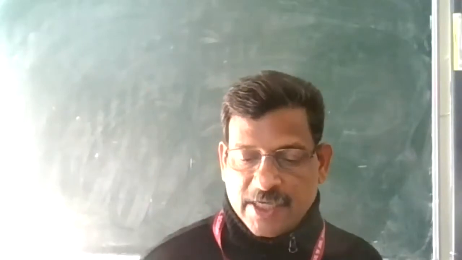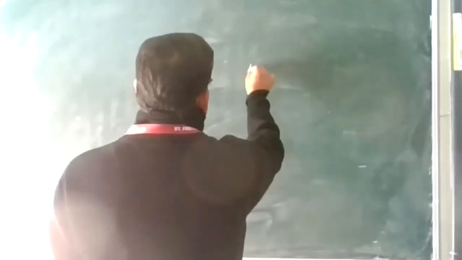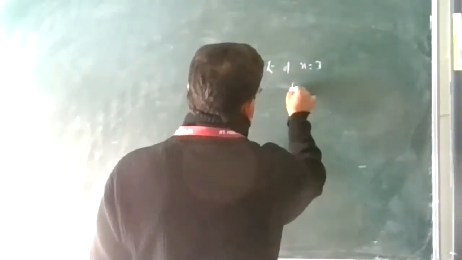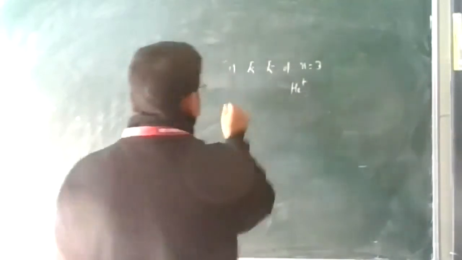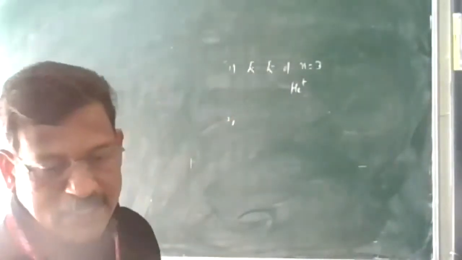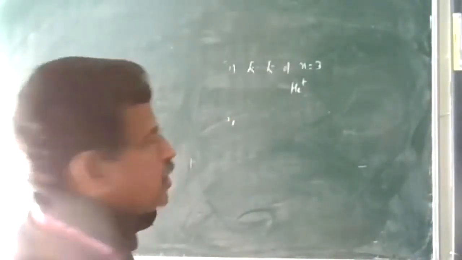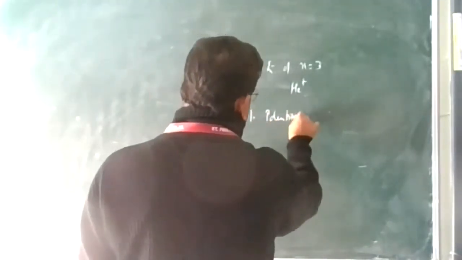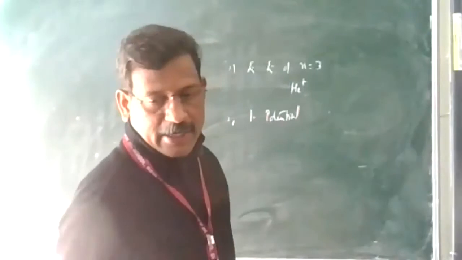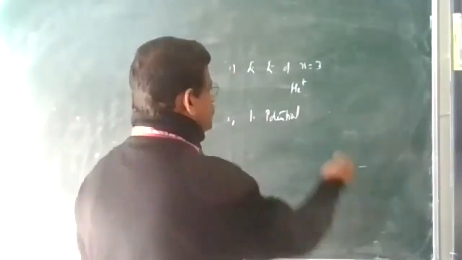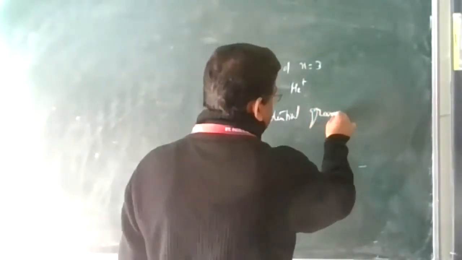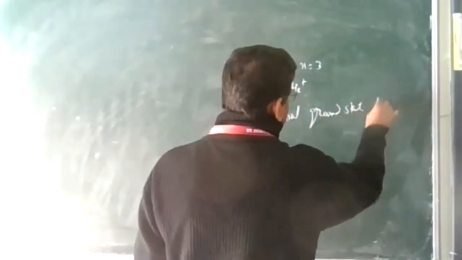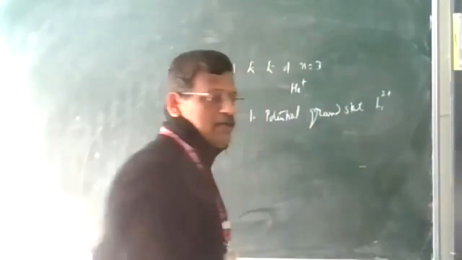First one, the excitation energy of n equal to 3 of He plus atom. And second one, ionization potential for the ground state of Li2 plus.